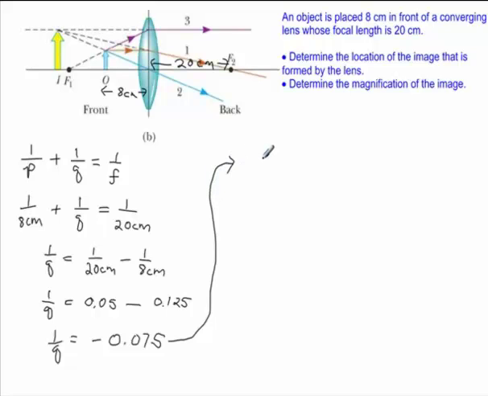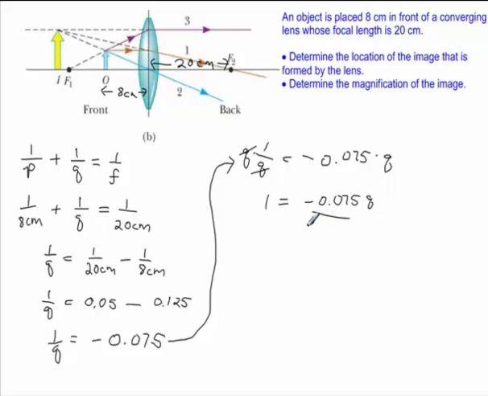In order to find our answer, we have to multiply both sides by q. So I can multiply the right side by q, the left side by q. Q's cancel, and I have 1 is equal to minus 0.075 q.